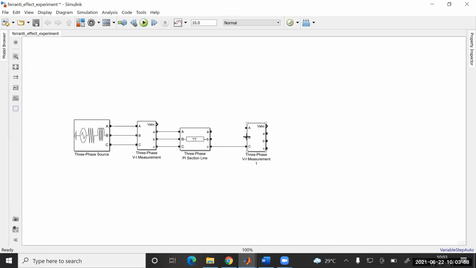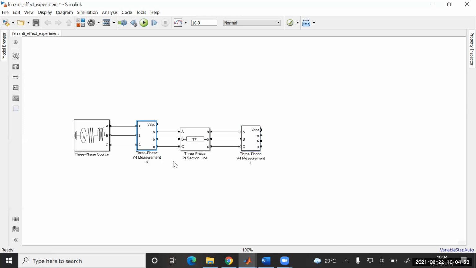Let's connect it. Okay, it is connected.